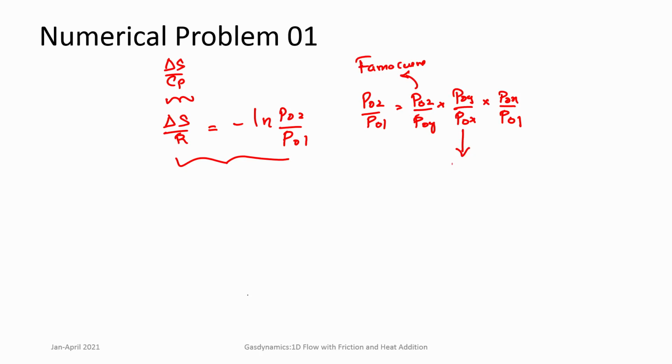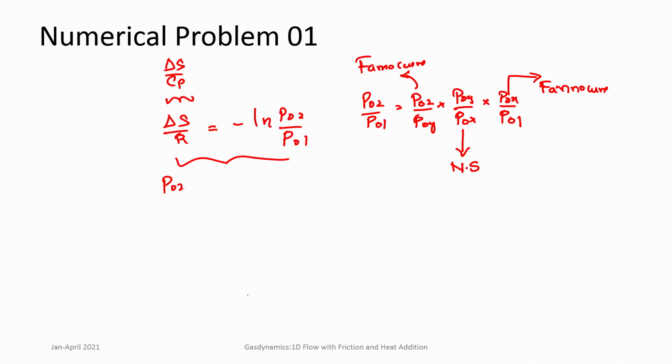P naught y by P naught x is the stagnation pressure ratio across the normal shock, and P naught x by P naught 1 is again from the Fanno curve. Okay, so you can get these from the different Mach numbers at each particular point.